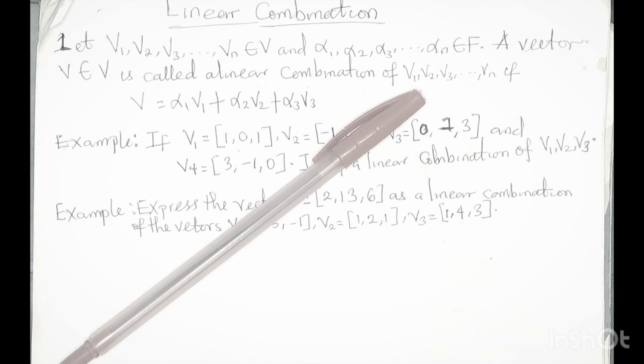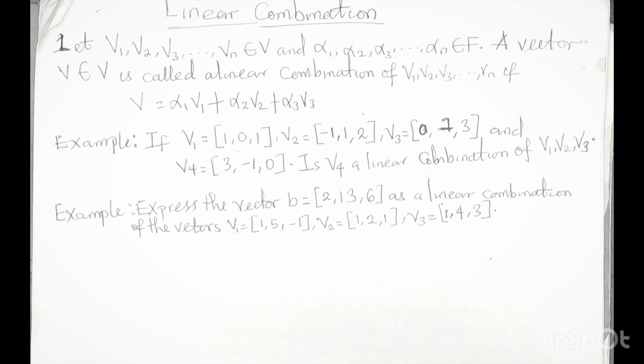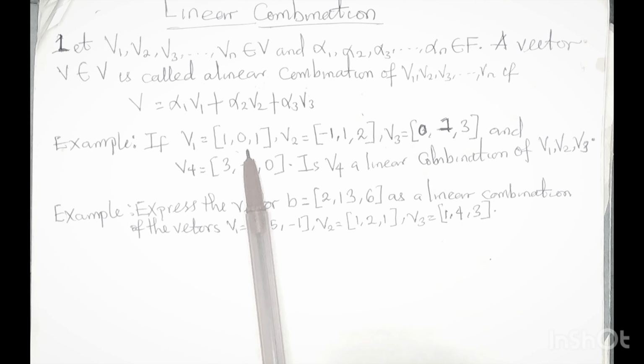When we talk about linear combination, we have the definition here which says: let v1, v2, v3 up to vn be members of vector space V, and alpha 1, alpha 2, alpha 3 up to alpha n be members of the field F. A vector V is called a linear combination if V equals alpha 1 v1 plus alpha 2 v2 plus alpha 3 v3 and so on. Then we say it is a linear combination.